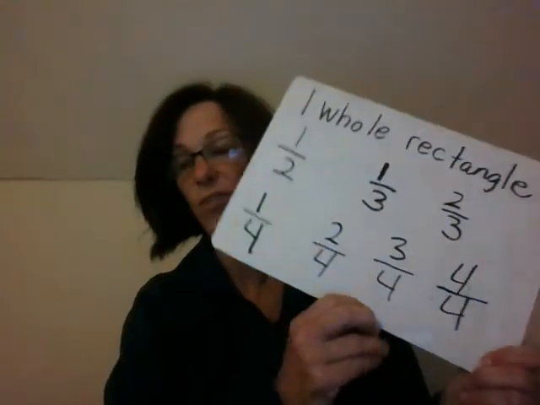All right, the last one. What if I color all 4? 1, 2, 3, and 4 are colored. I would still have to say I have 4 parts still, right? So that's the bottom number. And 4 parts are colored, or 4/4.